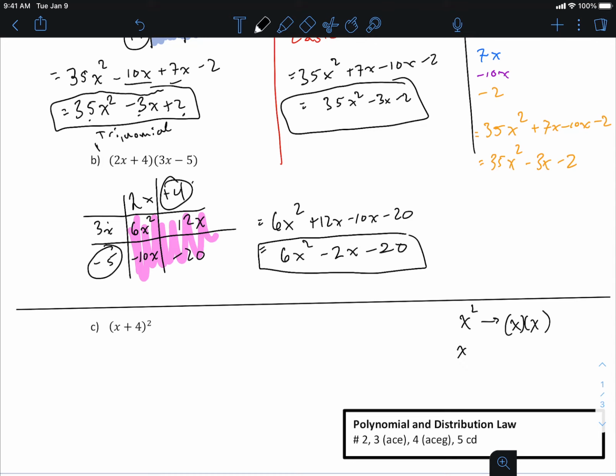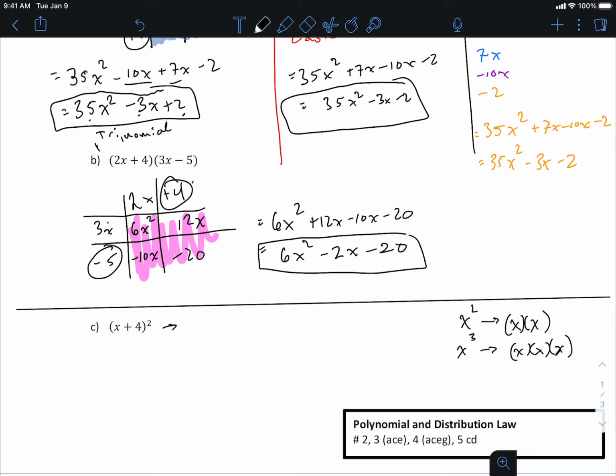If it was x cubed, that would be x times x times x, and so on and so forth. So when I see something like this, it physically means that there is just two of whatever's inside of that bracket. So you just get to rewrite it.